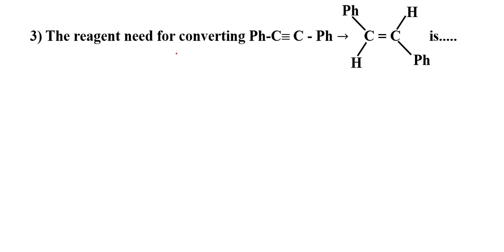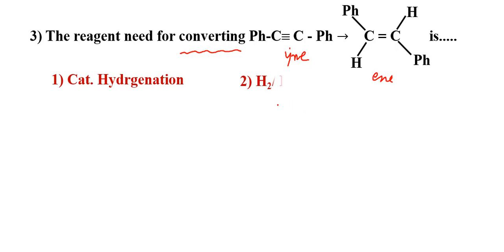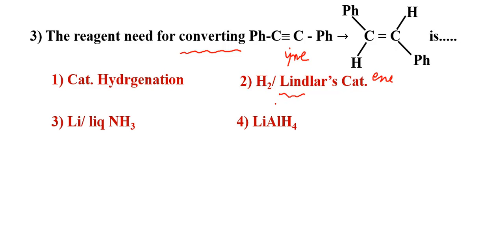The reagent needed for converting this to this one. See, alkyne to alkene. See, catalytic hydrogenation, hydrogen Lindlar's catalyst, lithium liquid ammonia, lithium aluminum hydride. See here 4 reagents are there. These 2 can convert alkyne to alkene, but here trans position is there. Trans means that is liquid ammonia.